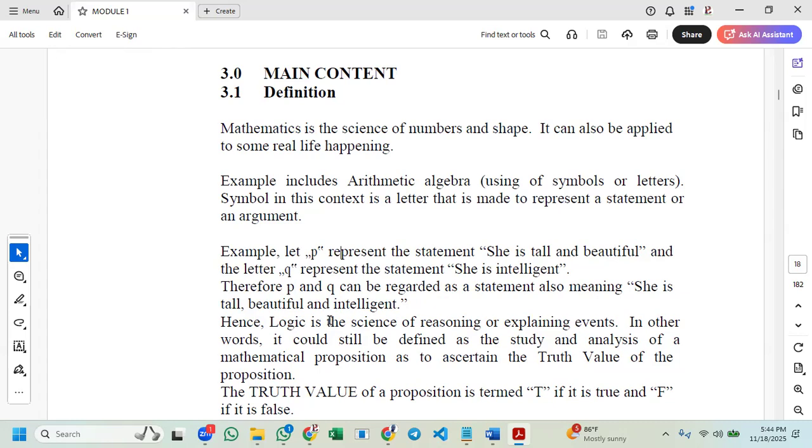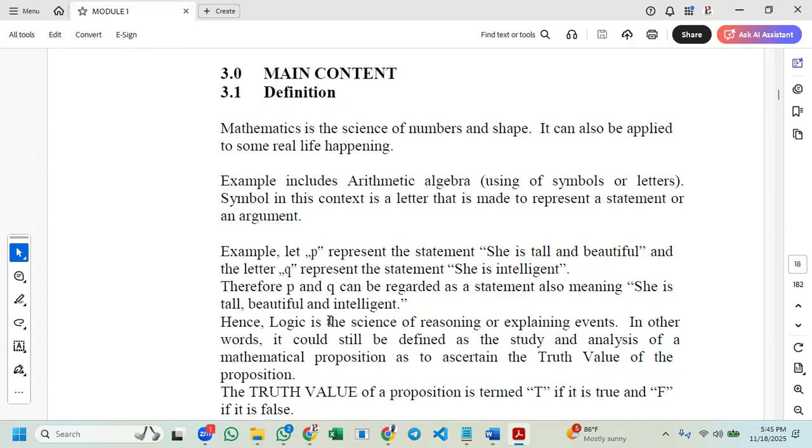Now, this is logic. What you are going into now is logic. What we are trying to do is take you serially, starting from the simple ones and then introduce logic to you. If I should tell you that, let's say Omotayo is tall and beautiful, and it is true that she is, right?